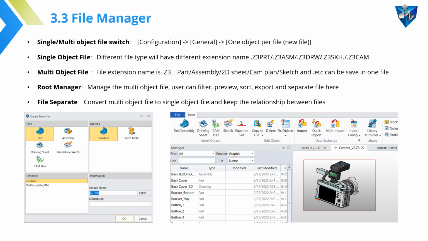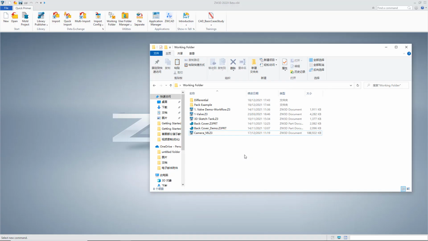And also, in the root manager, you can export or separate the file. In the multiple object mode, you can convert the multiple object to single object file and keep the relationship between the files. Let me take an example in ZW3D to introduce the file manager. And here we have the single object example and a multiple object example.